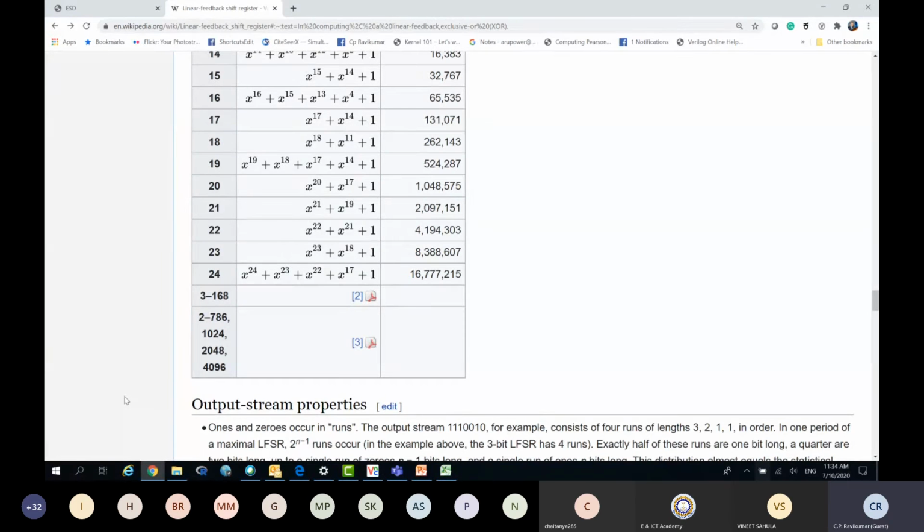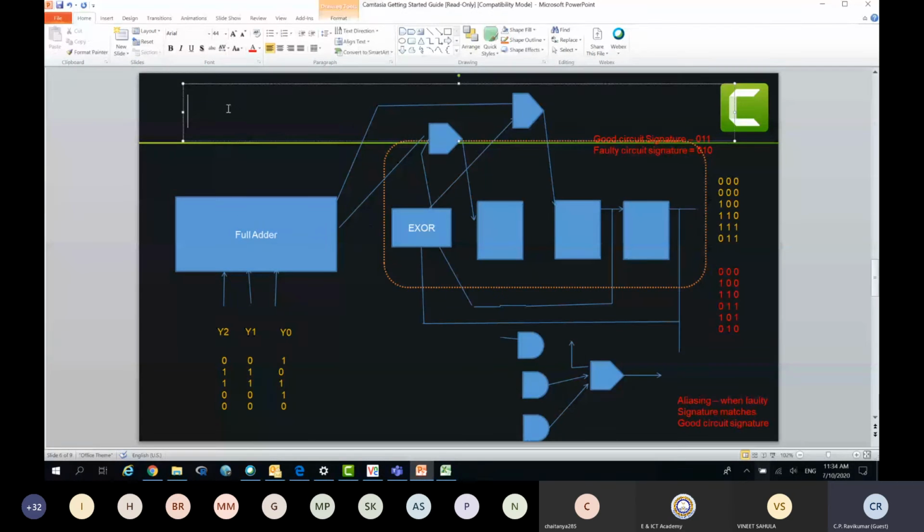When they use it in communication, this is called cyclic redundancy codes or cyclic redundancy check. So this is the same as CRC. These polynomials are the same ones which are used in communication.